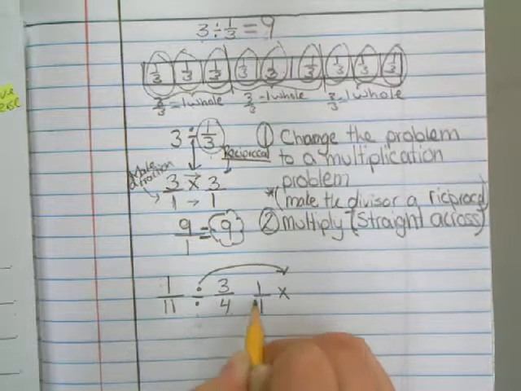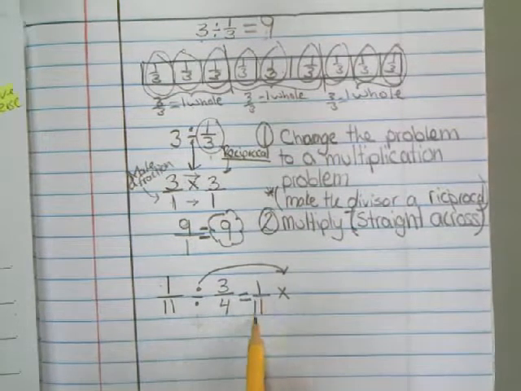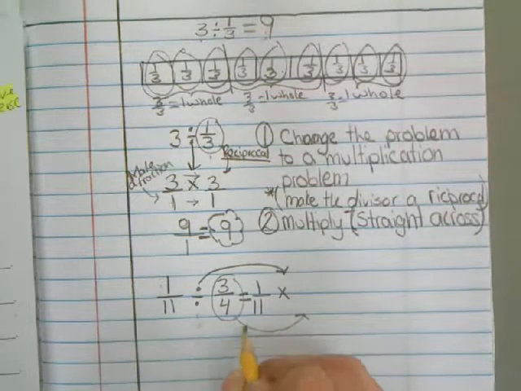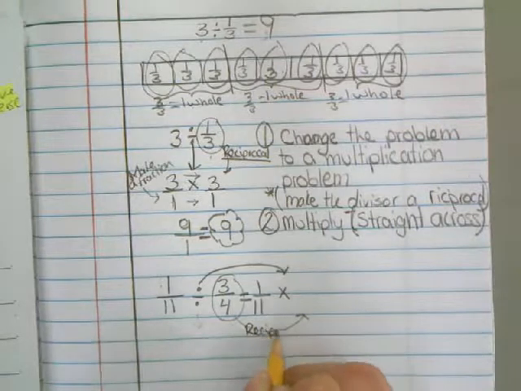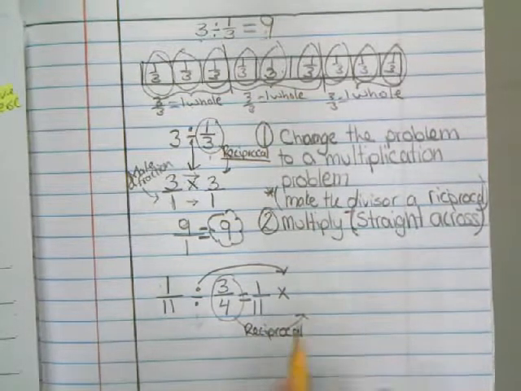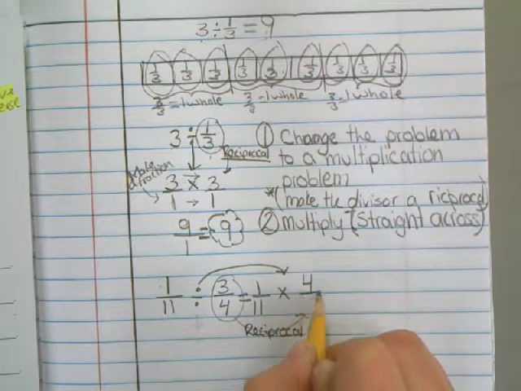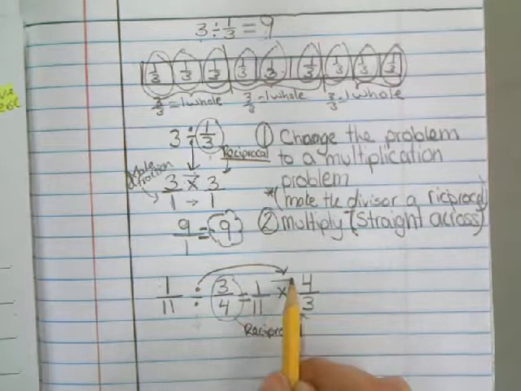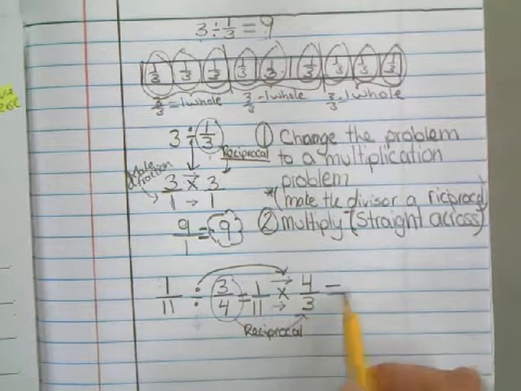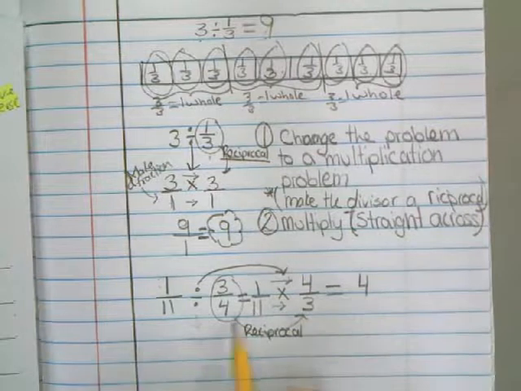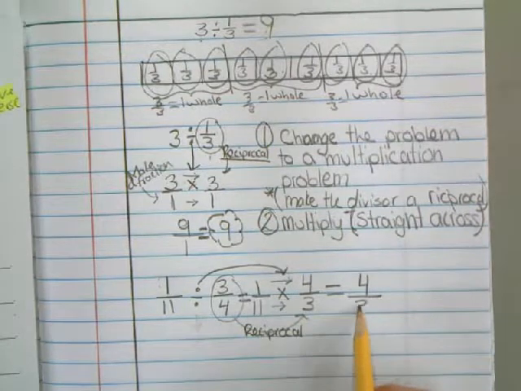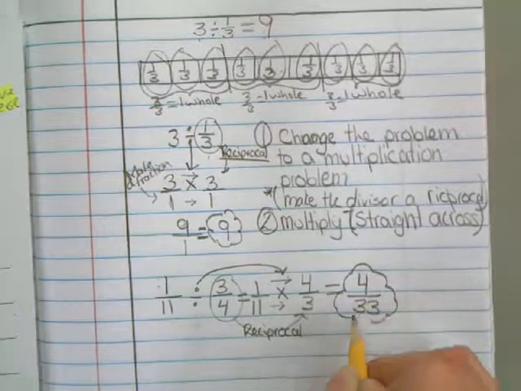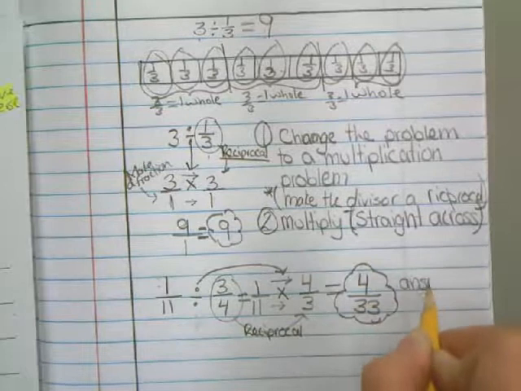So it's 1/11 times, now the 3/4, we're going to do the reciprocal, and that's going to be 4 over 3. We multiply, step 2, multiply straight across, and we would get 1 times 4 is 4, and 11 times 3 is 33. That would be our answer.